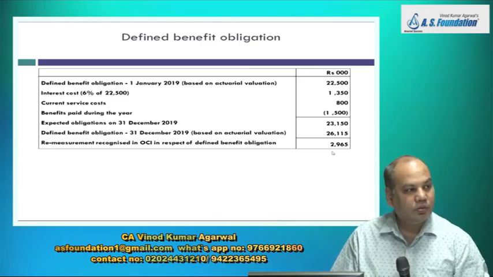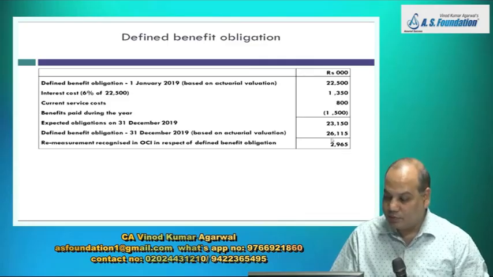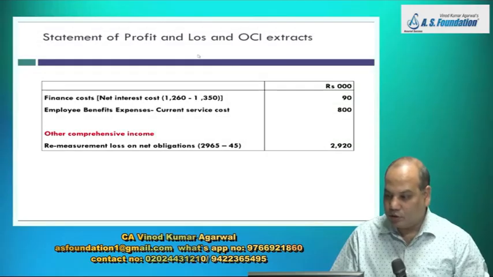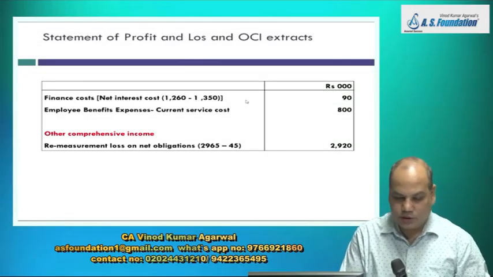Is it a gain or loss? Why? Liability has increased. So what is my net remeasurement impact? 2920. Now I will show you how to present statement of profit and loss and OCI.